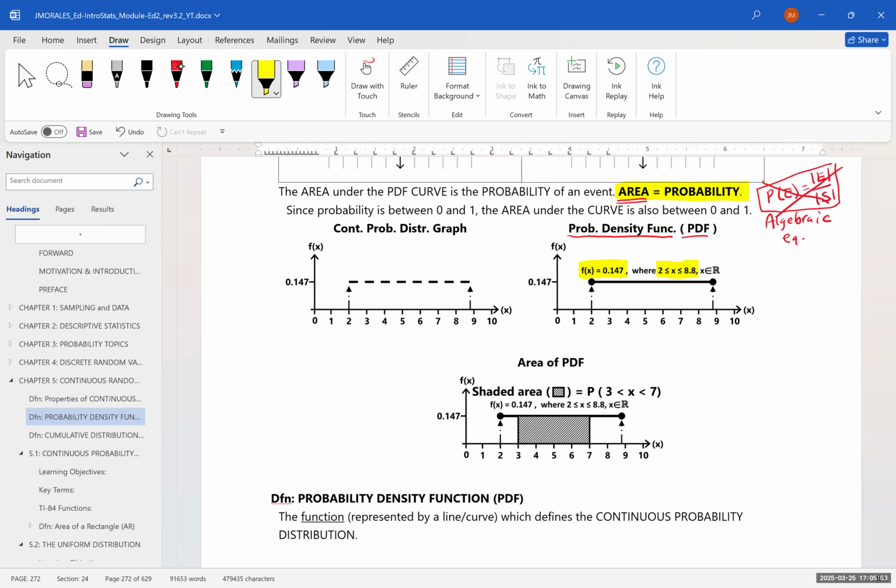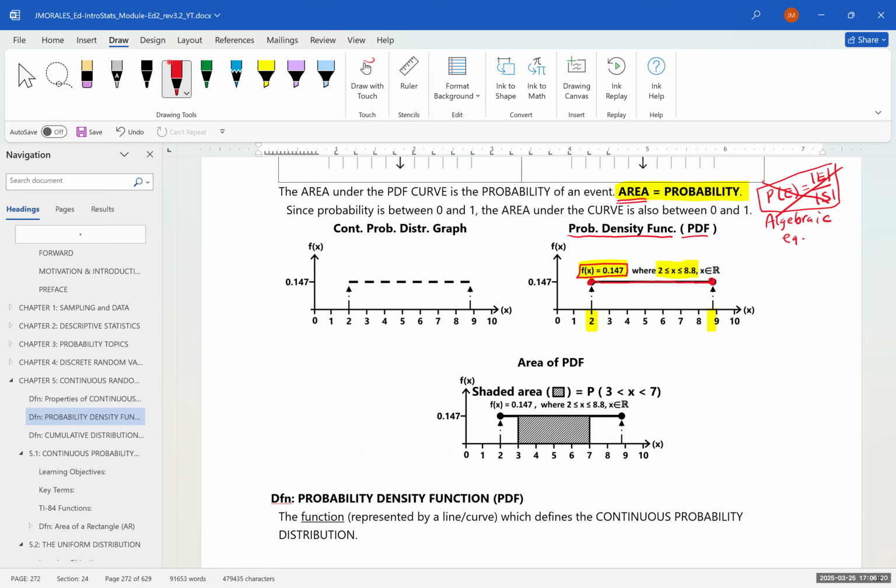So here's 2, and 8.8 there is just shy of 9. And you can see that this equation, f of x equals 0.147, defines this horizontal line here.